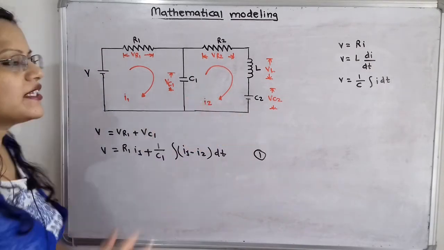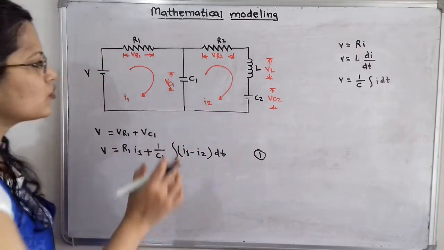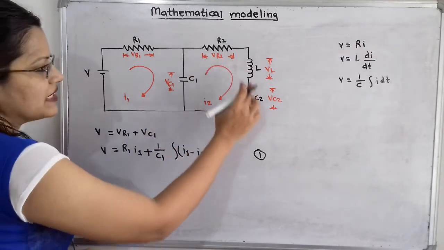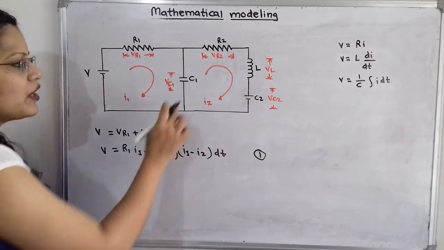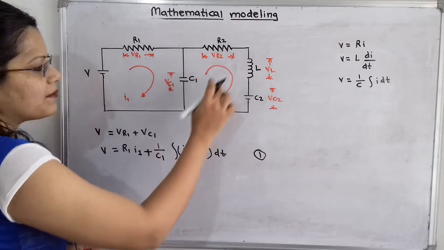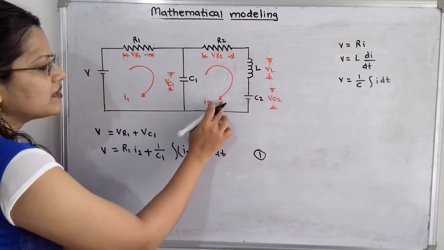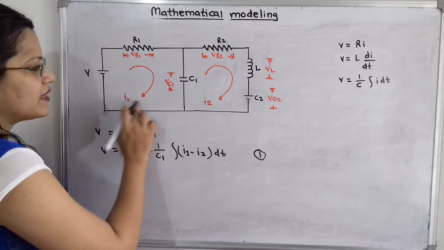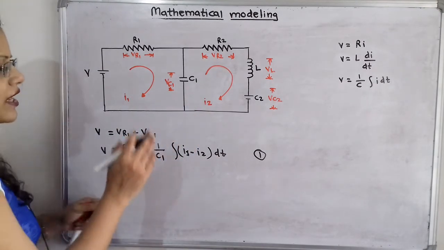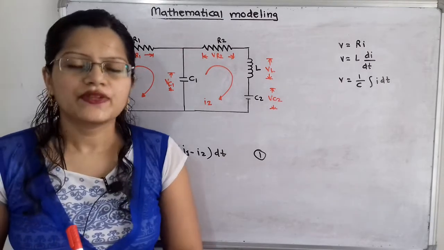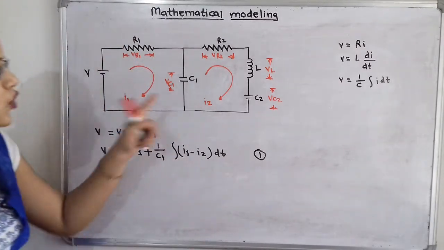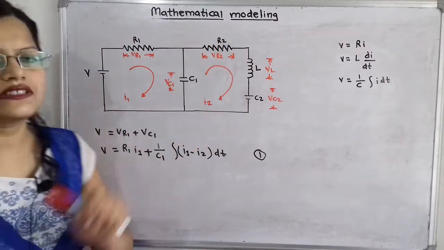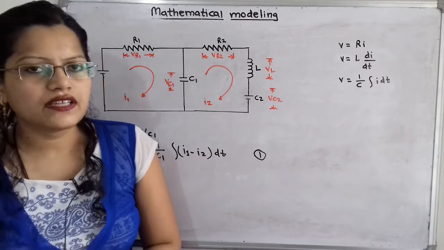Then we move to the second loop. For the second loop there are a total of four elements. Within these four elements the current I2 is flowing, and for C1 both the currents I1 and I2 are there. Again we write the equation. Here the input V is not applied directly on the second loop, so there is no input.